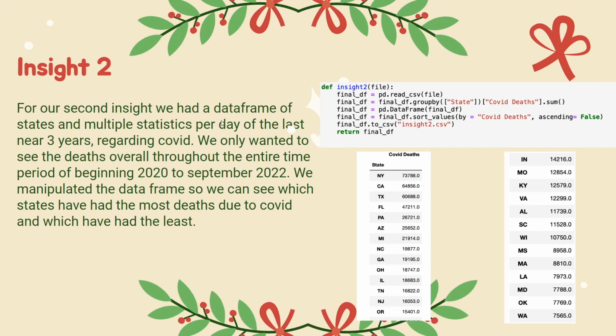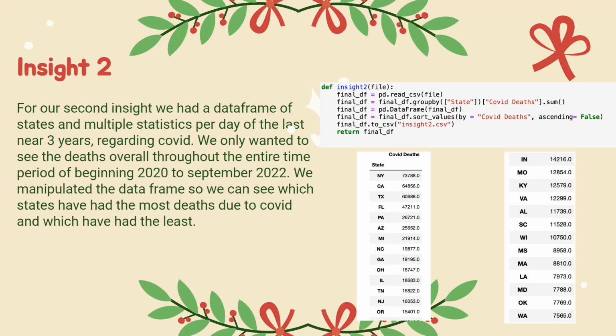Taking that clean data frame, it had multiple statistics per day over the last 3 years for each state. So for each day from 2020, around when COVID hit, up until now, we have information on each state in a few categories. In particular, we wanted to see the deaths throughout the entire period.